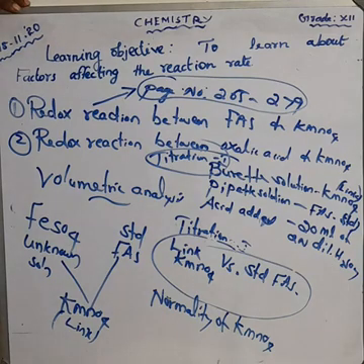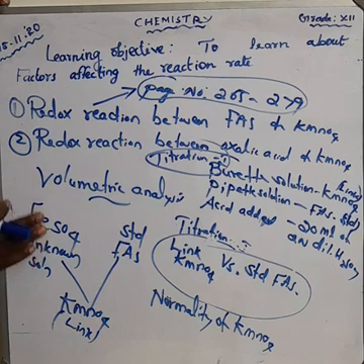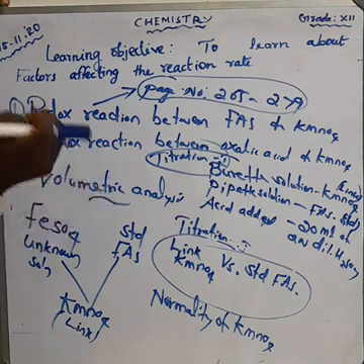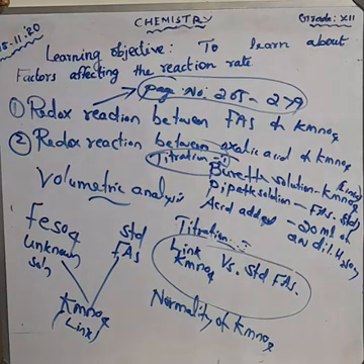This is just an introduction to volumetric analysis. Anyhow, what about the redox reaction? The oxidation of oxalate ion by KMnO4 is a relatively slow reaction.